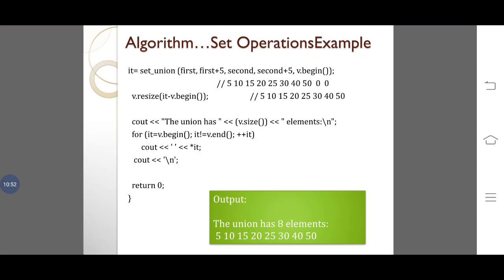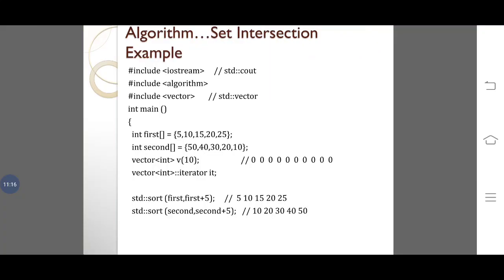So only one function you have used, the set_union function. In that set_union function you have given, from the first array, from where to where you have to copy, from the second array, from where to where you have to copy, and when you are copying it into a vector, from what position that vector should start. So that we have given using set_union.